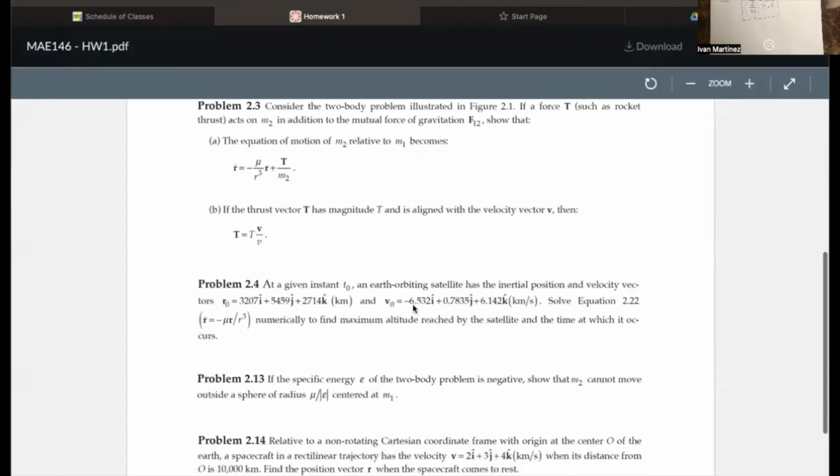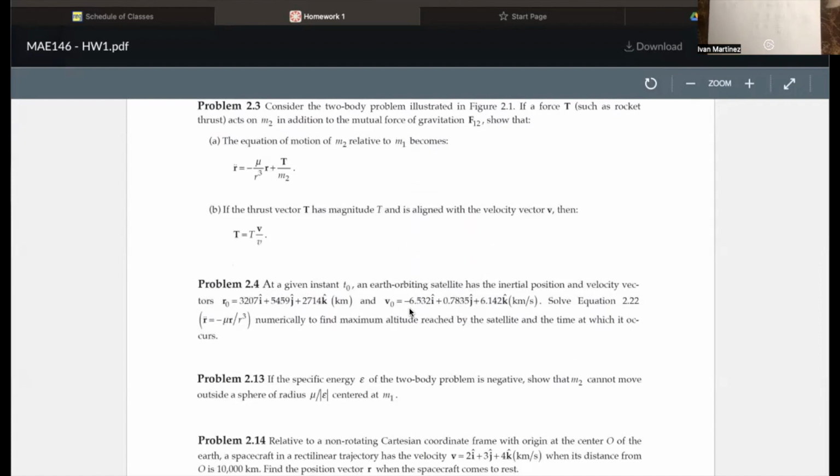2.4. Okay, this one is the one that uses MATLAB. So we have a satellite orbiting the Earth, and we're given the initial position and initial velocity. This all sounds like the problems we solved in class.